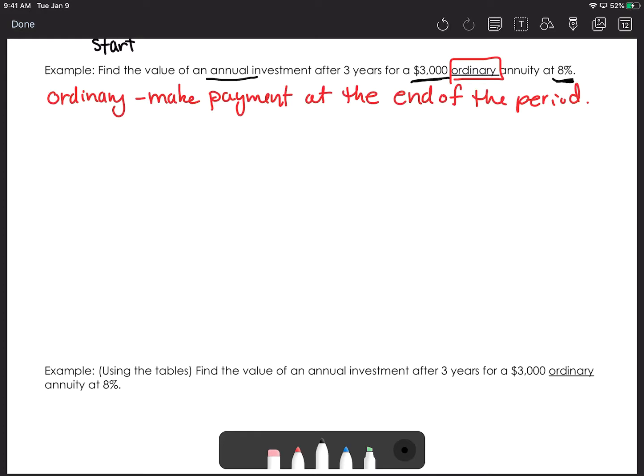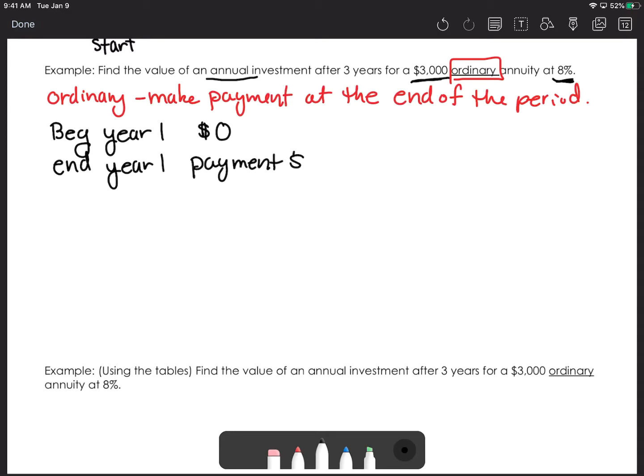Okay, so we're going to have the beginning of year 1. We're going to have $0 in there because we make the payment at the end of the period. So at the end of year 1, we make a payment of $3,000. So it hasn't earned any interest yet at the end of year 1 because we just put that payment in.